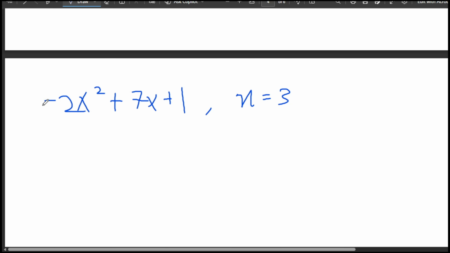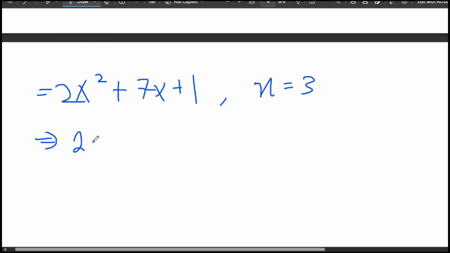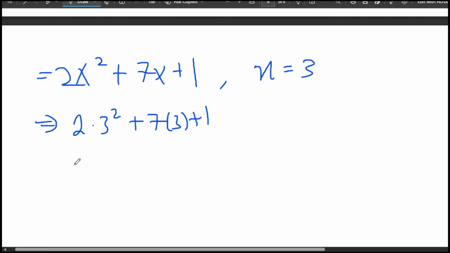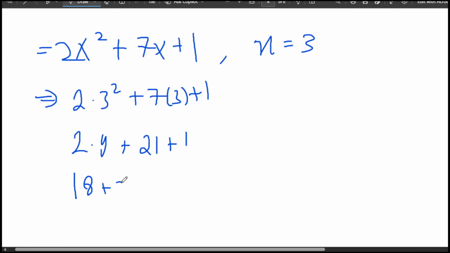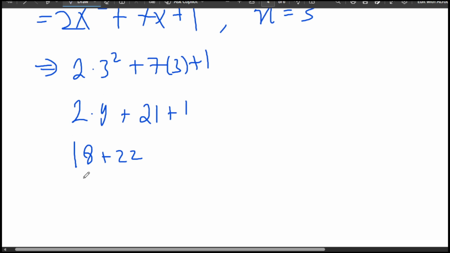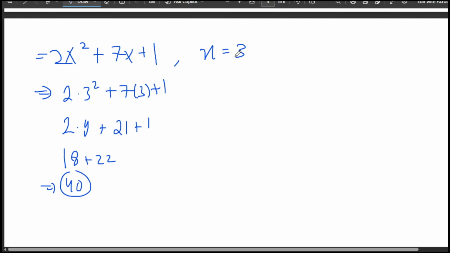When we input x equals 3, we have 2 times 3 squared plus 7 times 3 plus 1. We have 2 times 9 plus 21 plus 1, which is 18 plus 22, so we have 40. That's when x equals 3.